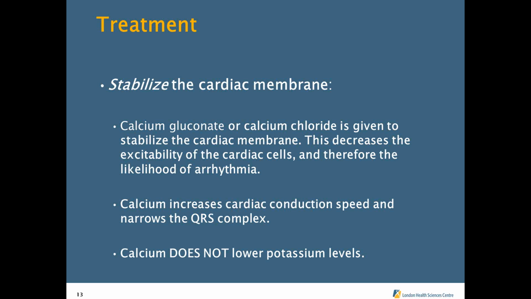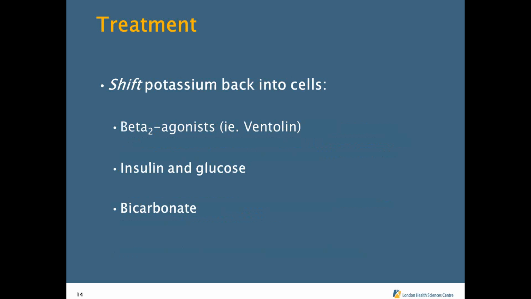So calcium increases the cardiac conduction speed, and it narrows that QRS complex back as it's starting to widen. A good thing to remember while we're treating with calcium, it's actually not lowering potassium levels. So it's stabilizing, but it's not lowering. So the second thing that we want to do is shift that extracellular potassium back into the cells where we would like it and where it can't cause as much trouble.